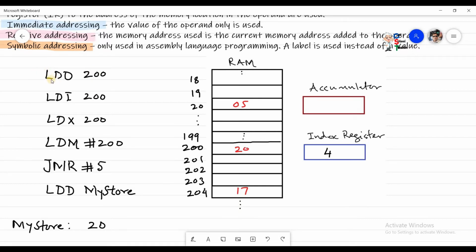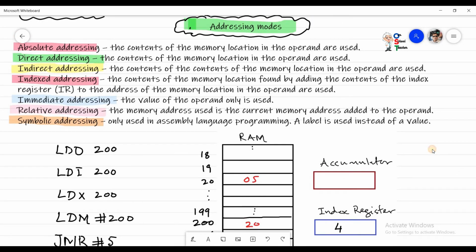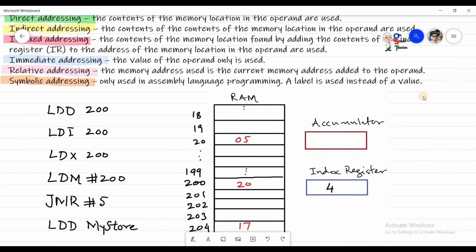For example, LDD 200. So what is LDD 200? LDD 200 means load direct or load absolute, right? So here absolute addressing or direct addressing is being used.